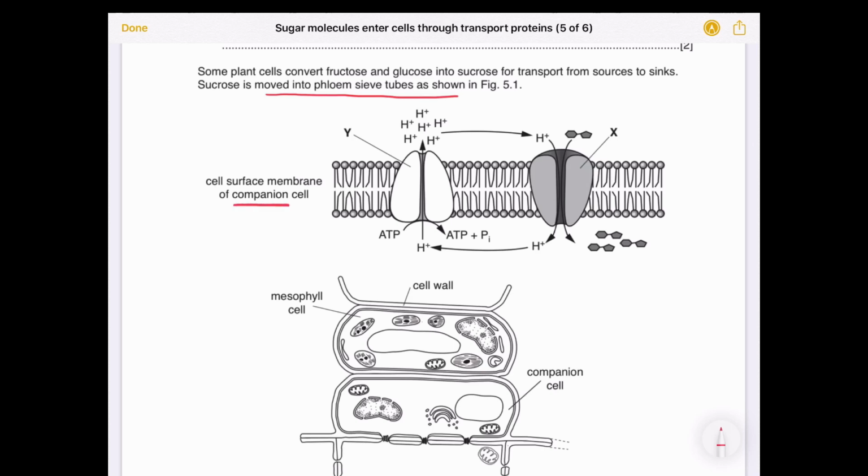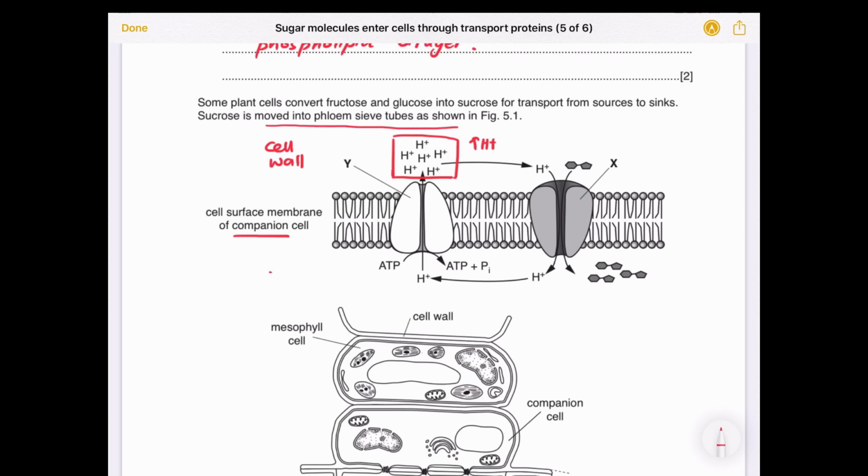They are focusing on the cell wall where you see there's lots of H plus here. So high concentration of H plus here. This must be the cell wall. So H plus is accumulated in the cell wall now. So obviously this side would be the companion cell cytoplasm, which has a lower concentration of H plus.